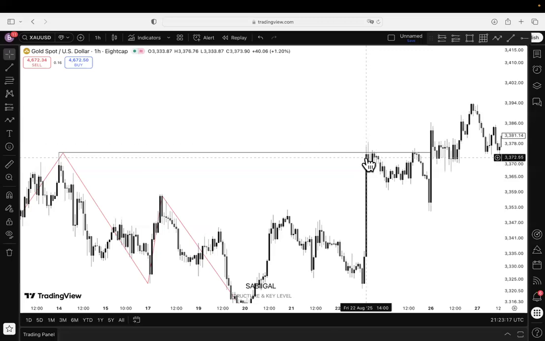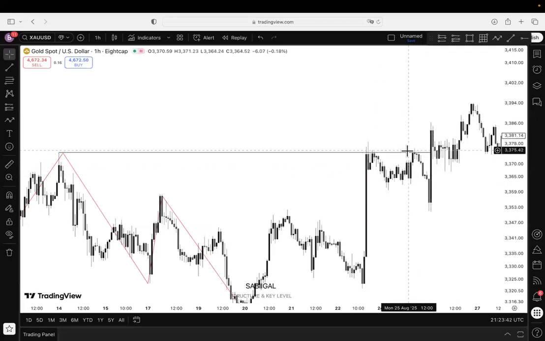After they broke with this wick, it was not a valid change of character until price came back and broke with the body here. So the change of character occurred with this candle that had the body. All of these were just weak.